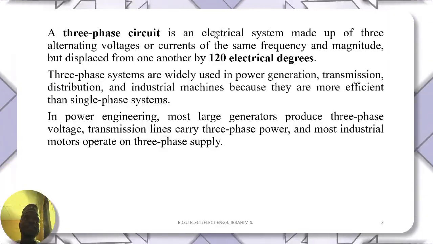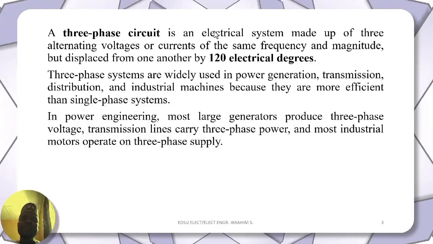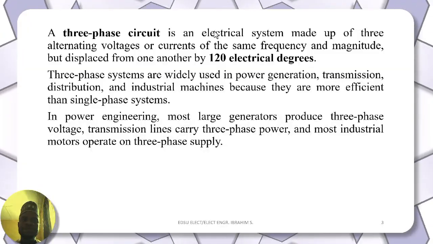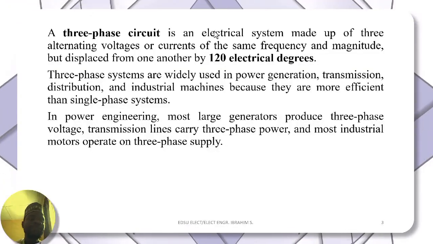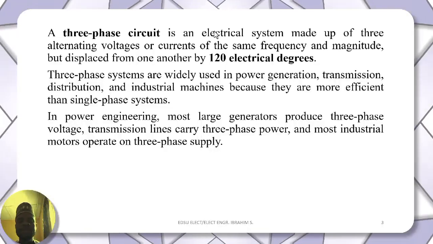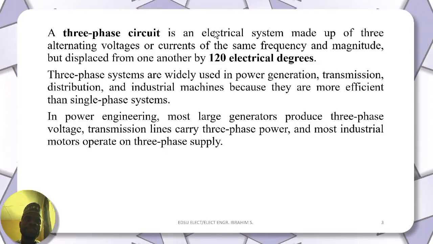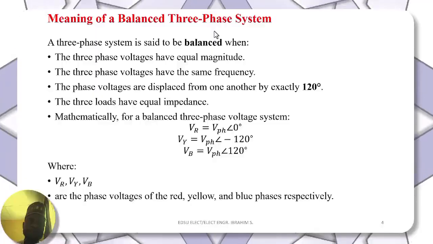The three phases definitely have the same frequency and the same magnitude if the system is balanced. But if the system is not balanced, then some voltage may be higher than the others. Normally it's supposed to have three-phase voltages or currents that are all the same, and also the same frequency.